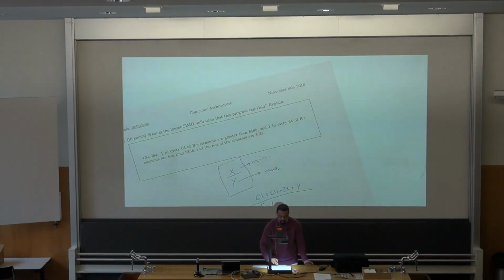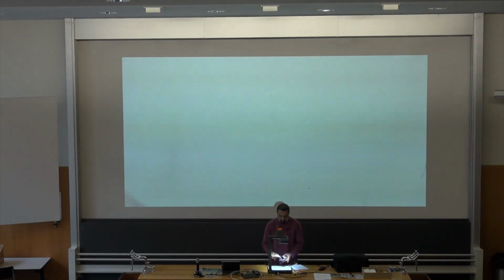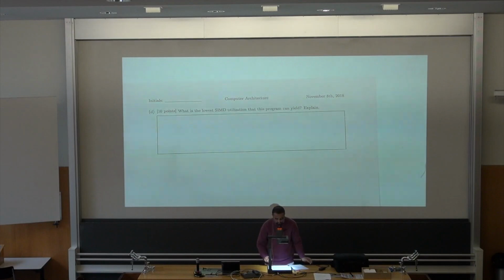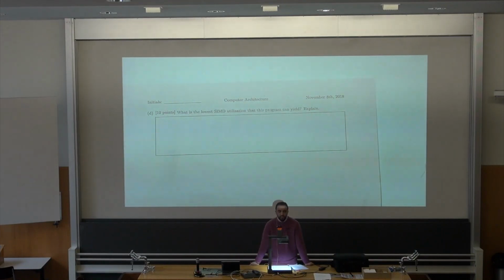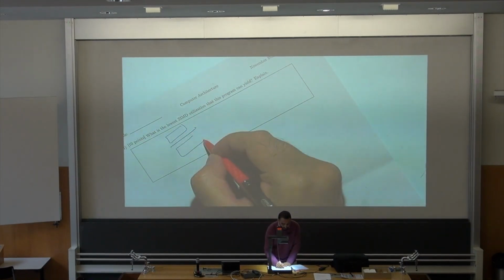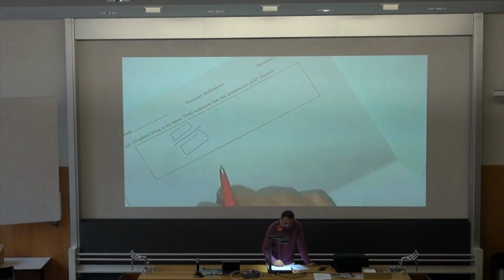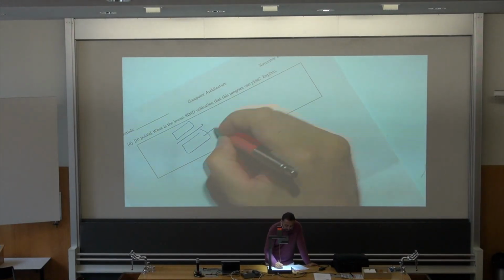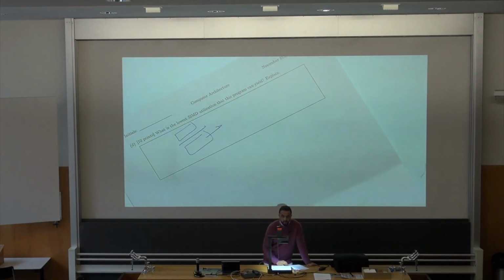So for part D, now we want to calculate the lowest SIMD utilization. And again, this is a fraction, so it's a ratio between 2 things. To make it the lowest, you need to make the denominator a maximum in order to have a minimum fraction.